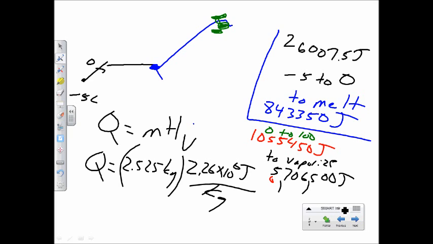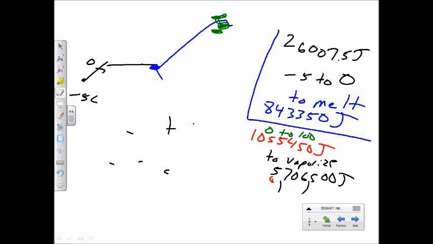So the answer we're looking for, it wants to know how much heat it takes to do all of this, right? So we just add them up. I'll just start at the bottom since this one's already in my calculator, plus 1,055,450, plus 843,350, plus 26,007.5.